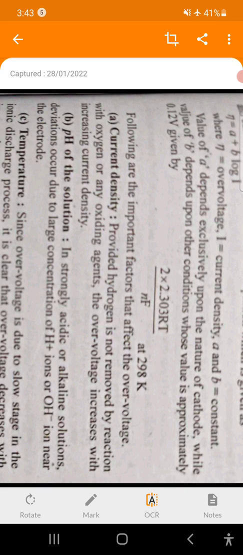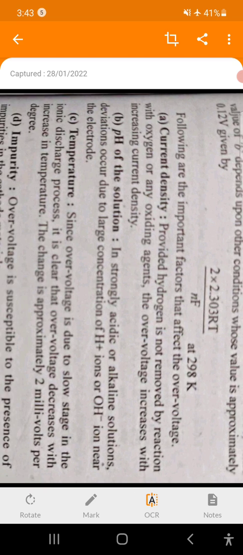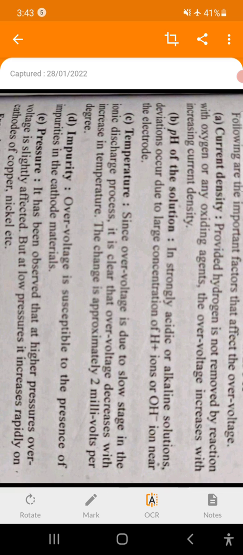The value of overvoltage depends on different factors. Following are the important factors which affect the value of overvoltage. The first factor is current density.